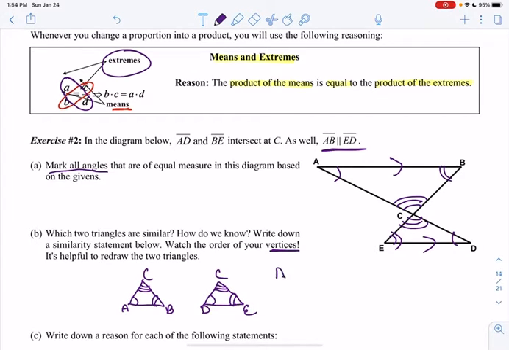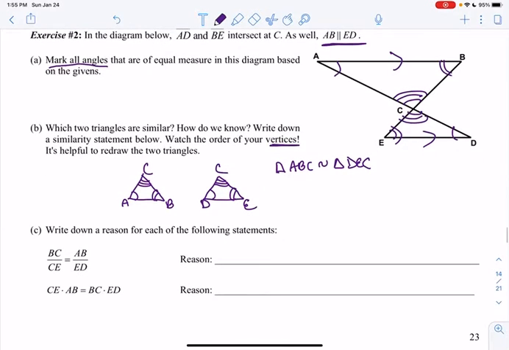So basically, triangle ABC is similar to triangle DEC. That would be the order, right? The order of the vertices tells you which of the angles are corresponding or matching up to the other one. Now they want us to write down a reason for each of the following statements. BC over CE.